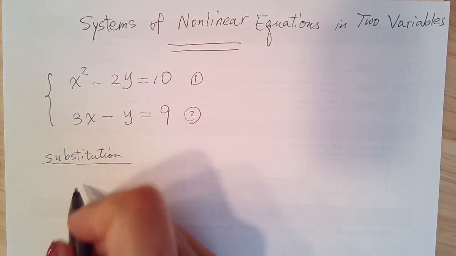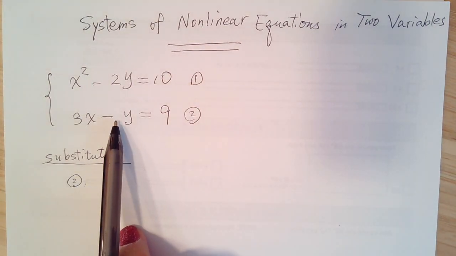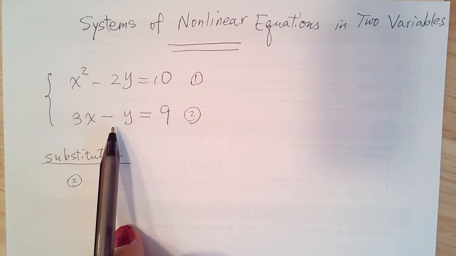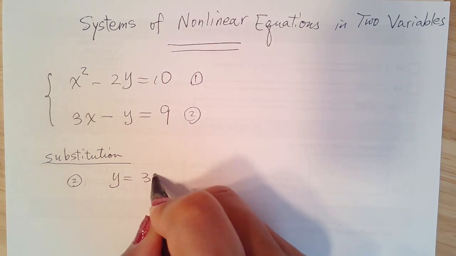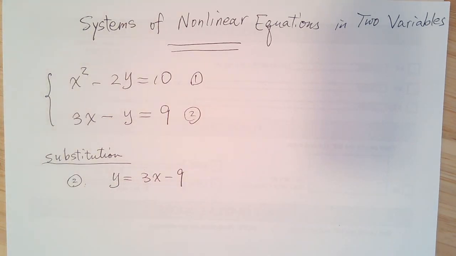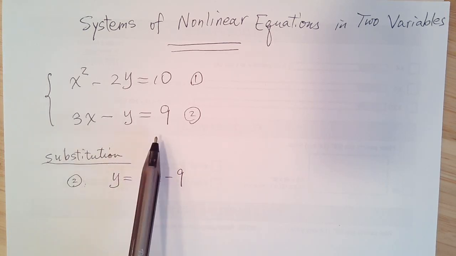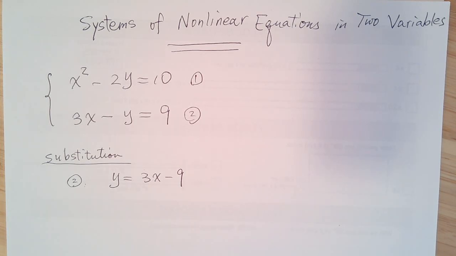All right, so for number 2, if I move y to the right, it becomes a positive y, and I bring 9 to the left, I will have y equals 3x minus 9. So what I'm doing is I add a y on both sides, and I subtract a 9 on both sides, and I switch the left and the right side. So I get y equals 3x minus 9.